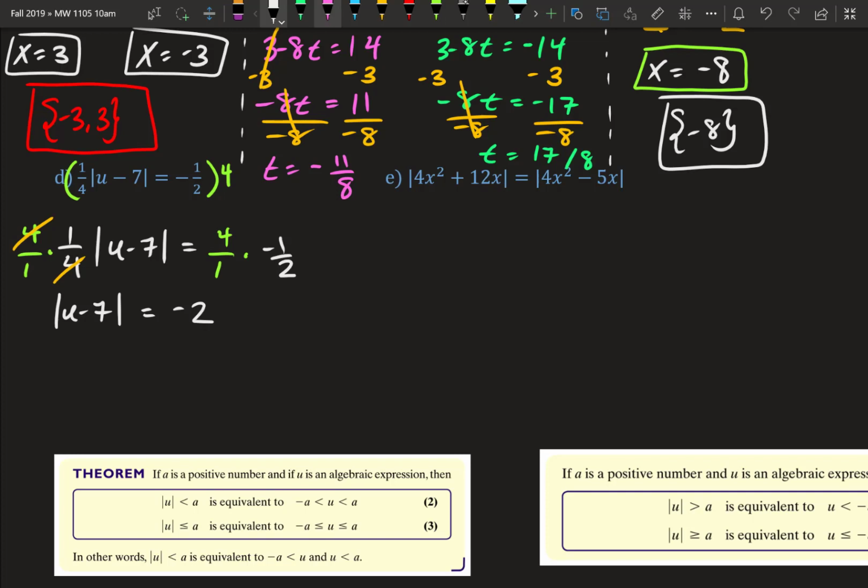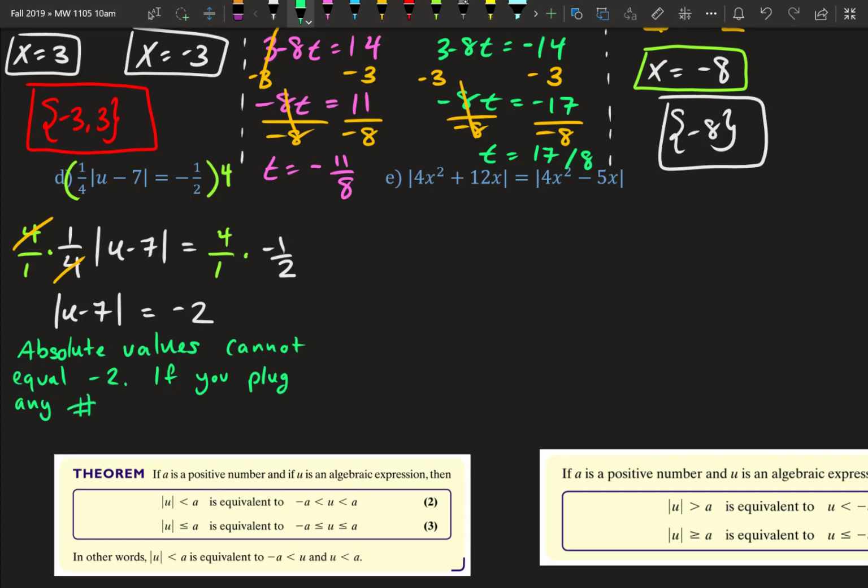So let me write something. So absolute values cannot equal negative 2 or a negative value.